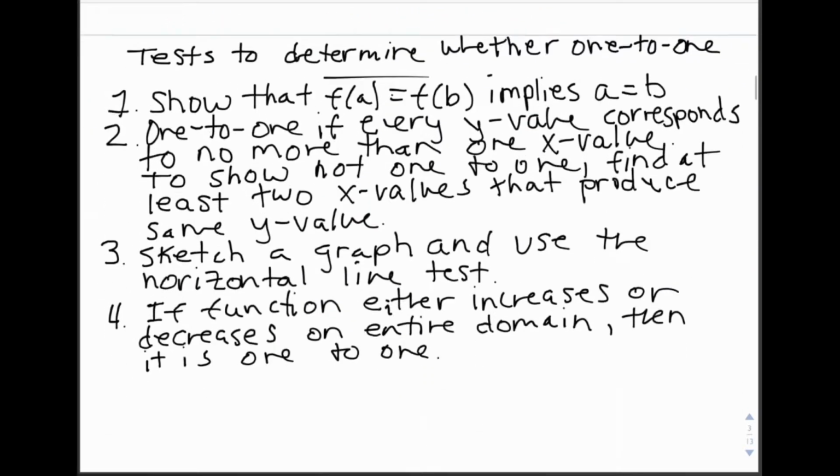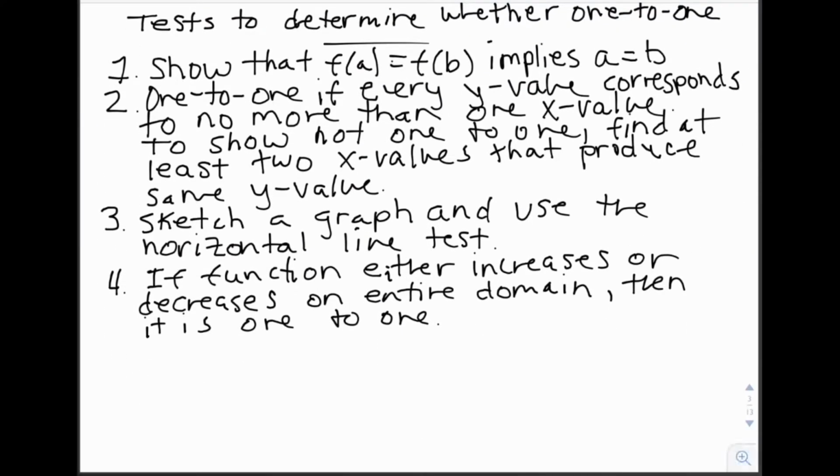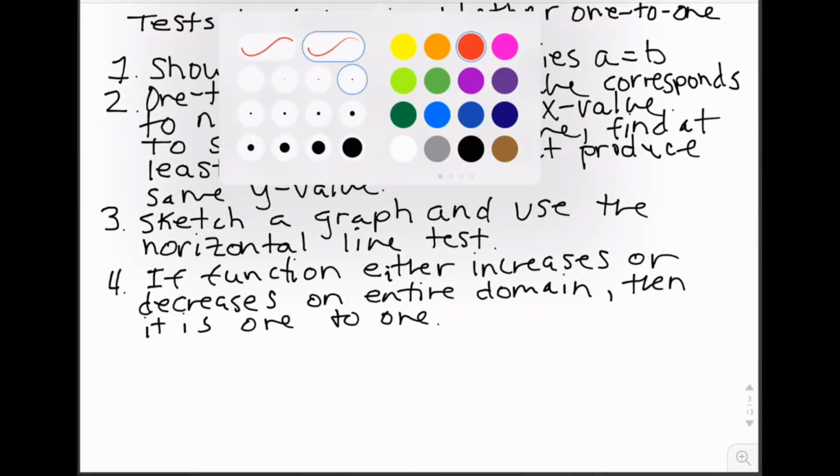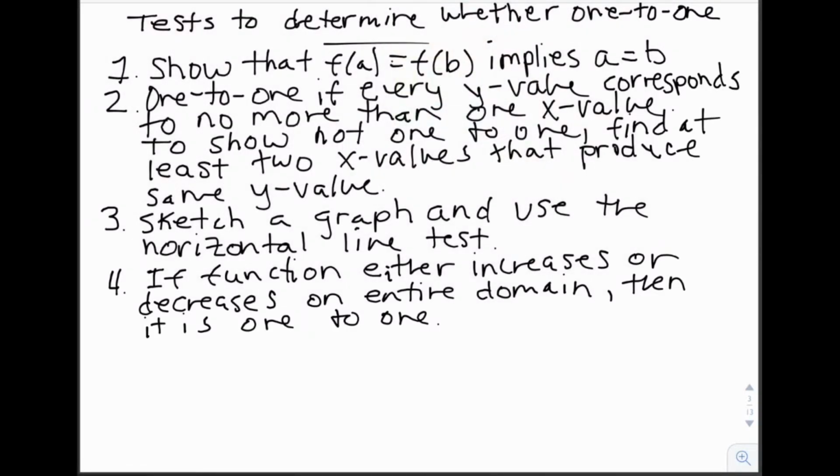So, tests to determine whether it is one-to-one or not. Let's go ahead and look at these. So number one, we can show that f of a is equal to f of b, which implies a is equal to b. If you get a is equal to b, you can say, okay, this one is one-to-one. Now, number two, you know that it is going to be one-to-one if every y value corresponds to no more than one x value.